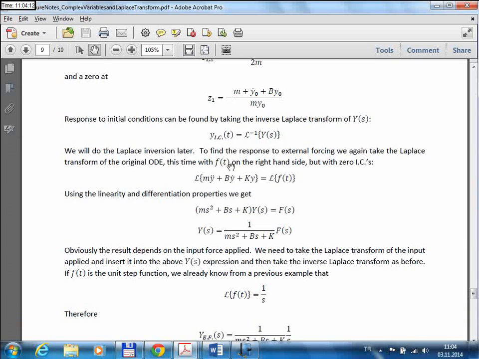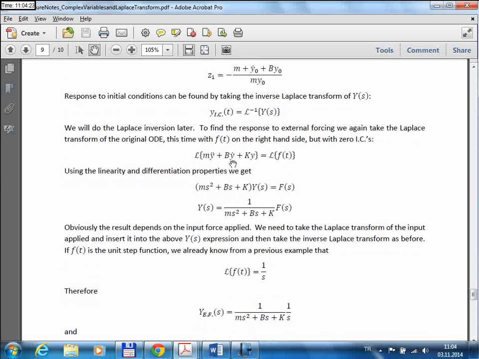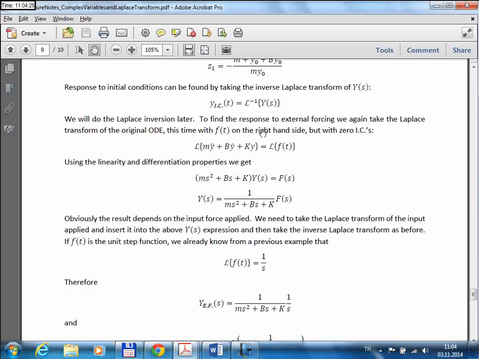We call that f(t) for the moment. And this f(t) is on the right-hand side. So while taking the Laplace transformation, we need to take the Laplace transform of this signal as well. Okay, so for the moment, let's assume that the initial conditions are 0. So now we are taking the Laplace transform of this equation by considering this input with 0 initial conditions.